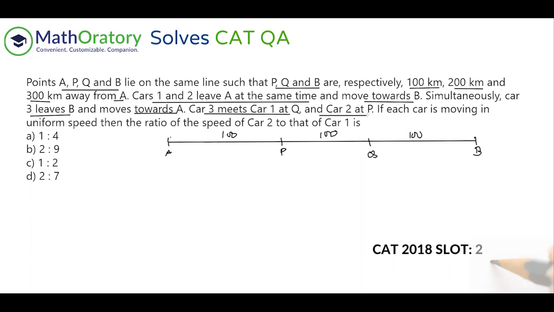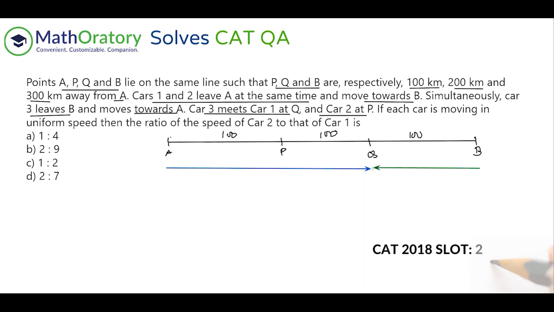So let me help you visualize this idea here. By the time car 3 is moving from, let's say, B to Q, car 1 has moved till the point Q, right?